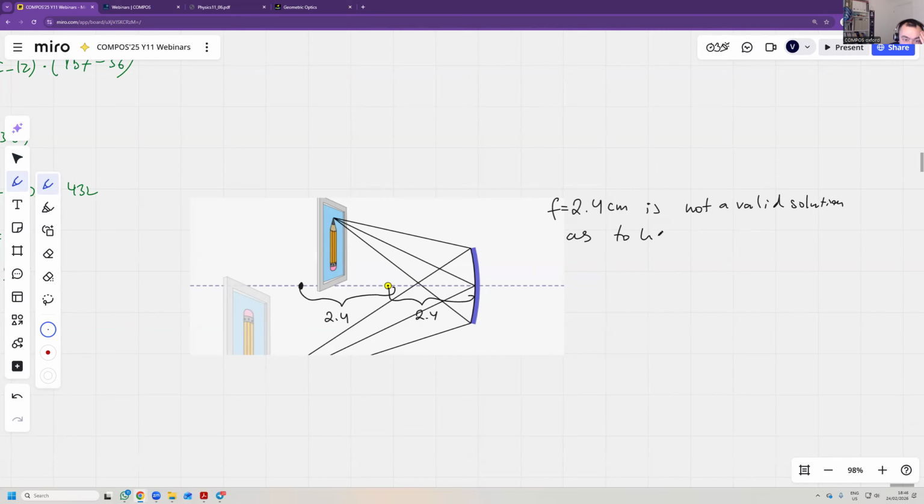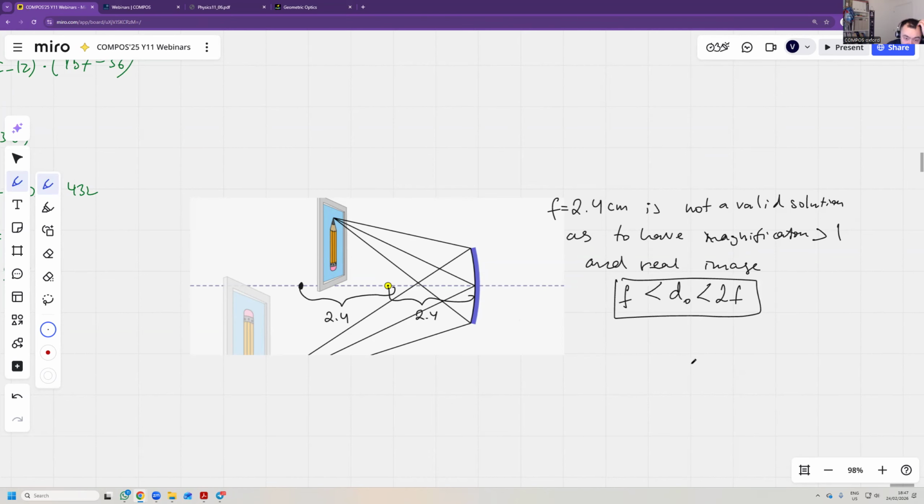To have magnification greater than 1 and a real image, the object distance D0 must be more than F and less than 2F. So that means D0 is between 2.4 and 4.8.